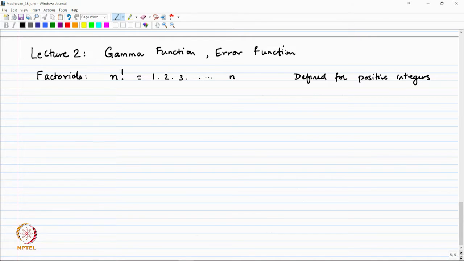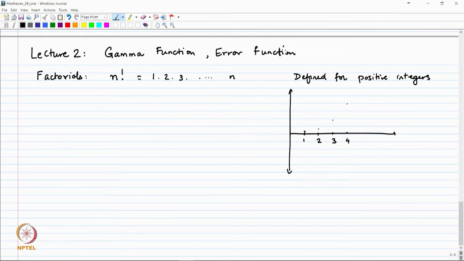And you know that the factorial function will have this form. If this is 1, 2, you can see that 1 factorial is 1, 2 factorial is 2, 3 factorial is 6, 4 factorial is 24, and 5 factorial is 120.